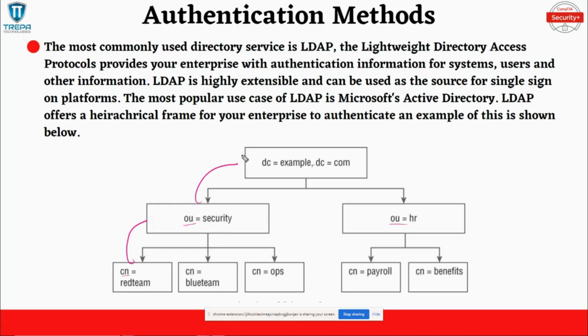This isn't a Microsoft course, so we're not going to dive too deep on Active Directory. But we need to know that LDAP is going to provide domain services, authentication, and authorization.